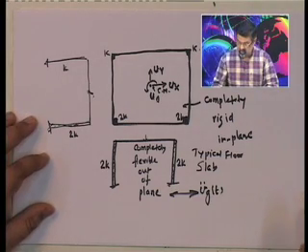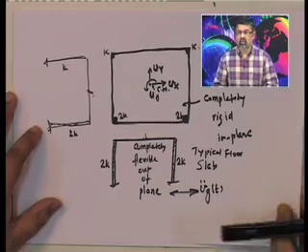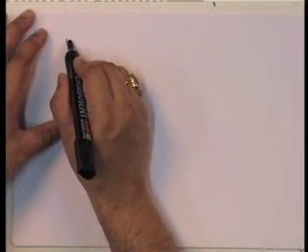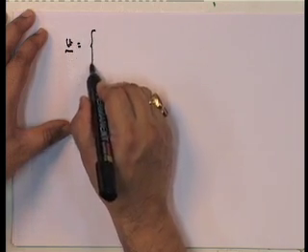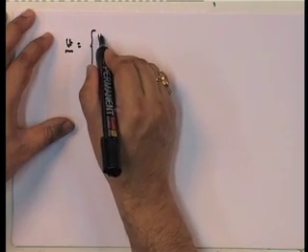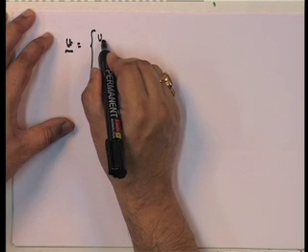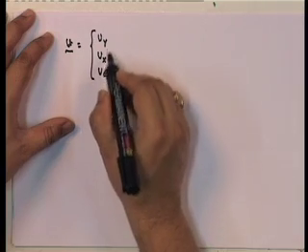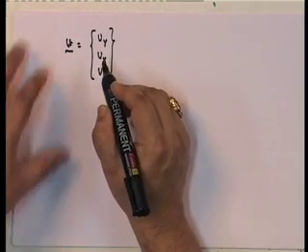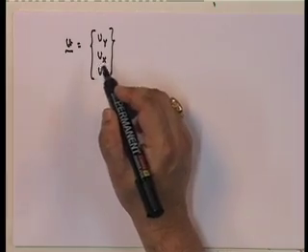So, first and foremost, given this problem, what we need to do is write down the equation of motion. How do we write down the equation of motion? Our degrees of freedom are given as follows: V is equal to V y, V x, V theta, and the ground motion is only along the x direction.